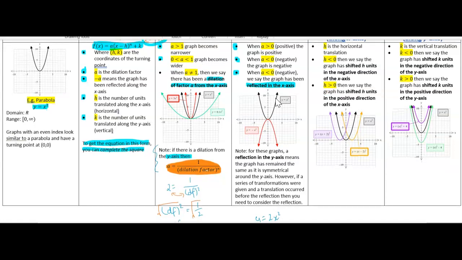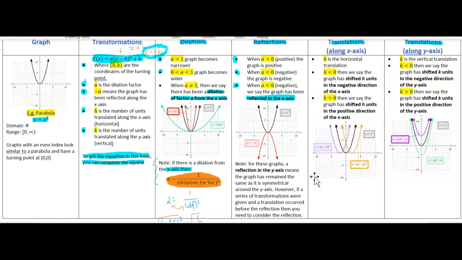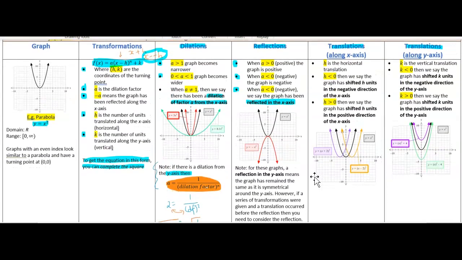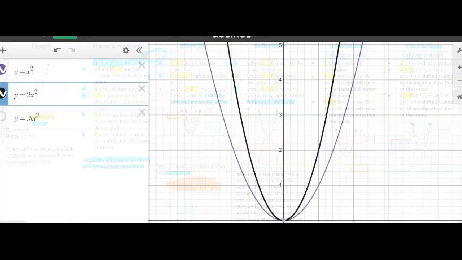Just down the bottom I said, for these graphs, a reflection in the y-axis means the graph has remained the same as it is symmetrical around the y-axis. However, if a series of transformations were given and translation occurred before the reflection, then you need to consider the reflection. So if you shifted it first and then reflected, it's obviously going to matter.